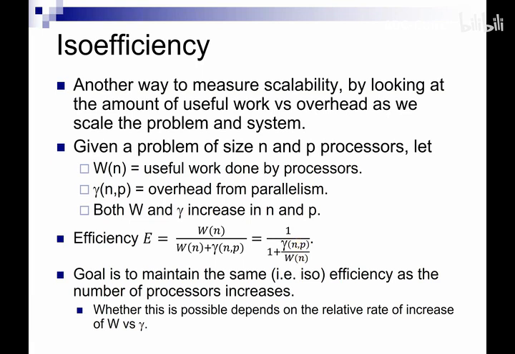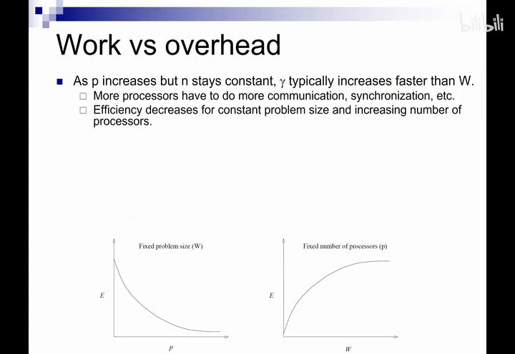And if that happens, then we can maintain the same efficiency. So what we need to look at is the relative rate of increase of W versus gamma. Let's first look at this qualitatively, and then we'll give some actual numerical examples.